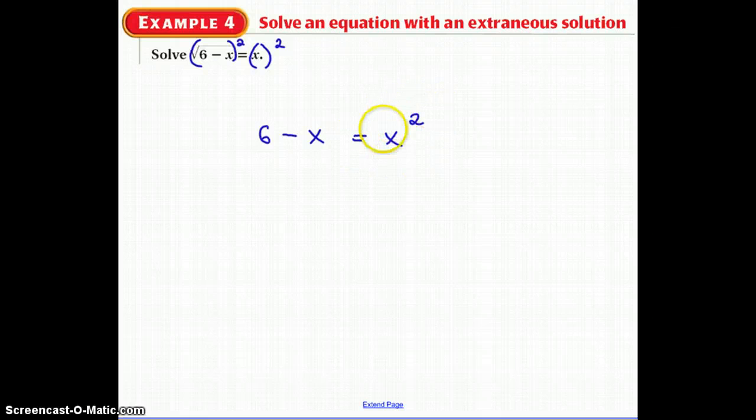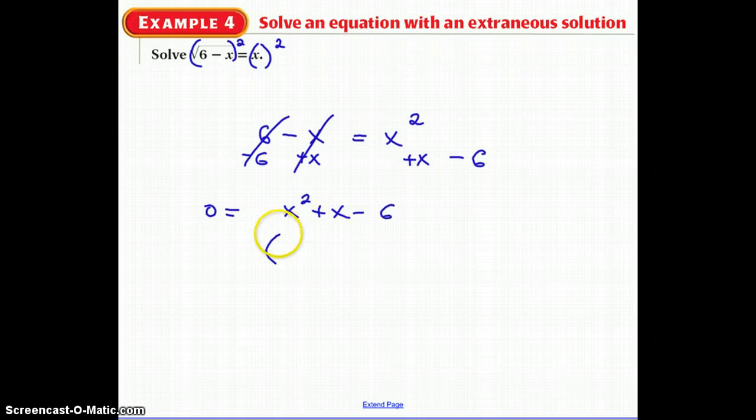And in order to use factoring, I have to set everything equal to 0. So I'm going to keep my square root positive. My left side will become 0 because everything would cancel. And I have x squared plus x minus 6. And this is a trinomial where the two factors would start with x because I have x squared.